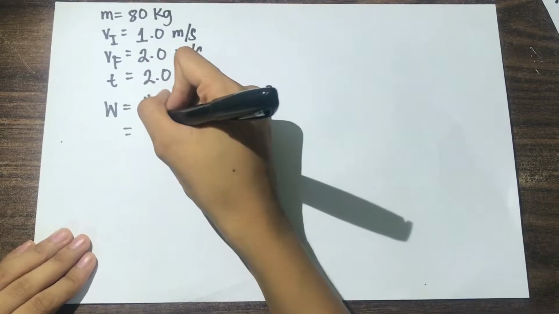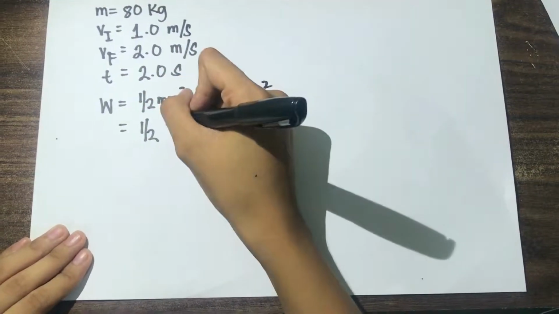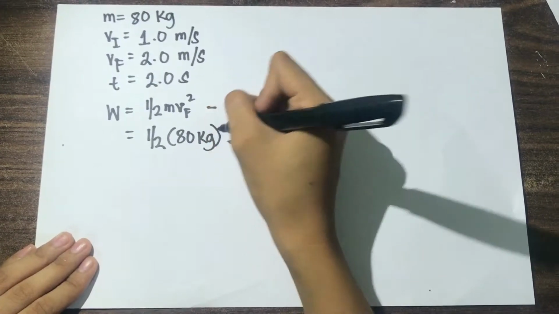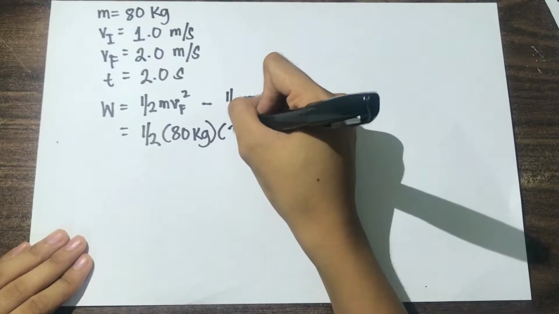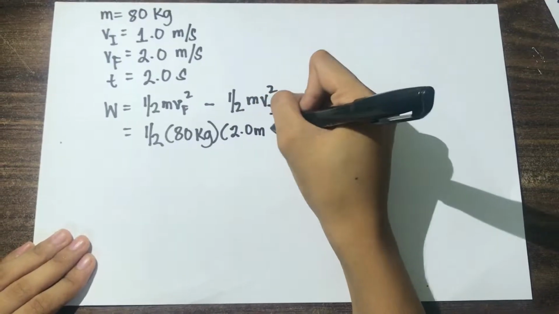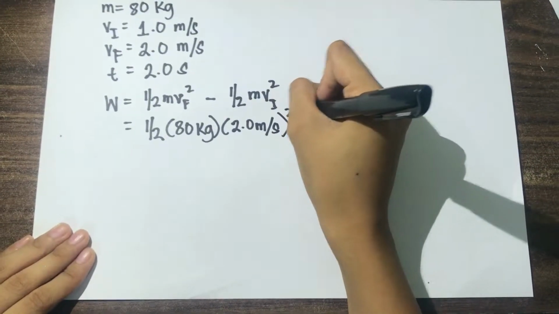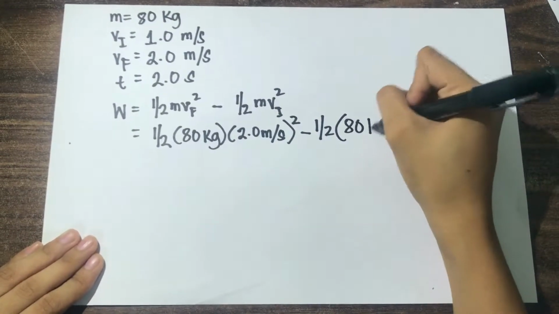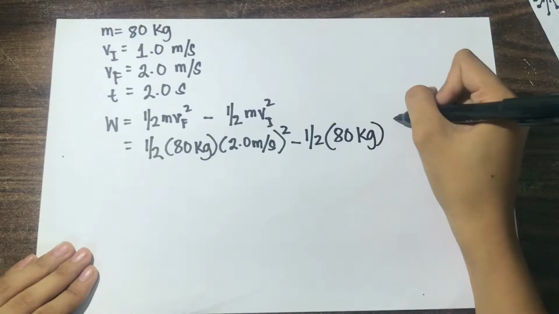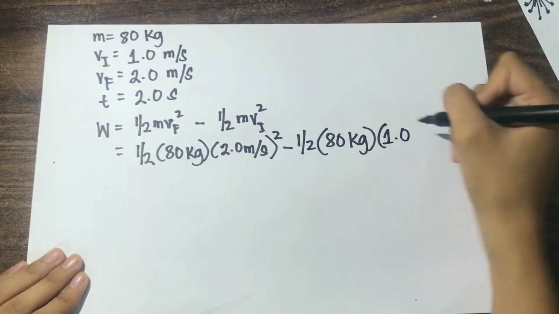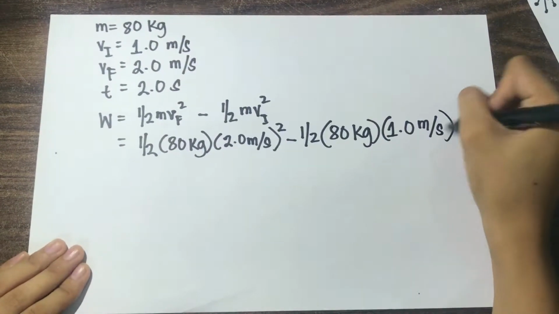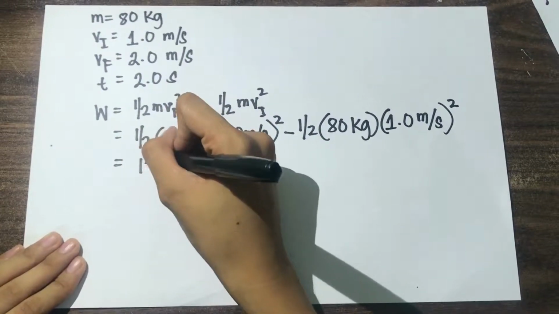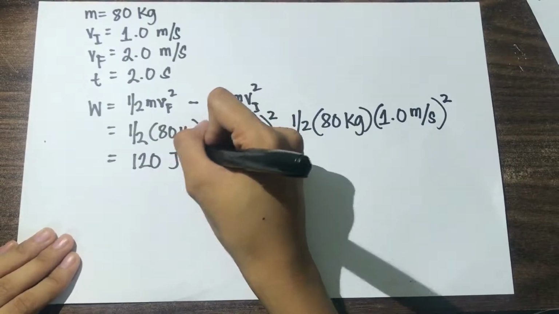Work is equal to 1/2 times 80 kilograms times 2.0 meters per second squared minus 1/2 times 80 kilograms times 1.0 meters per second squared. Work is equal to 120 joules.